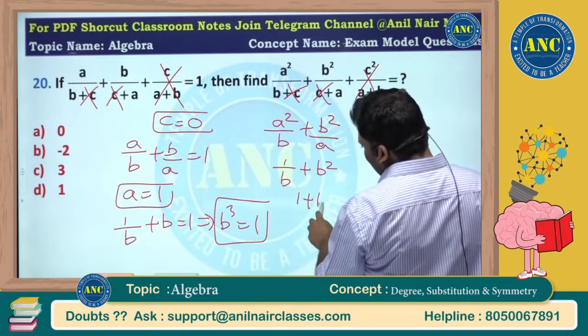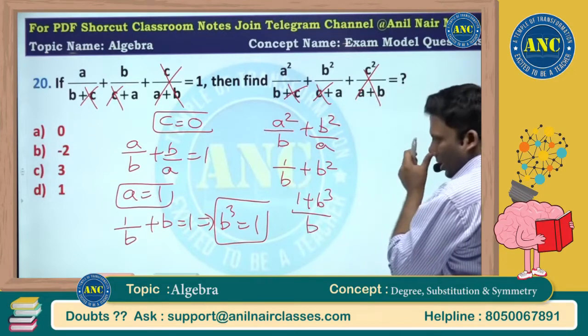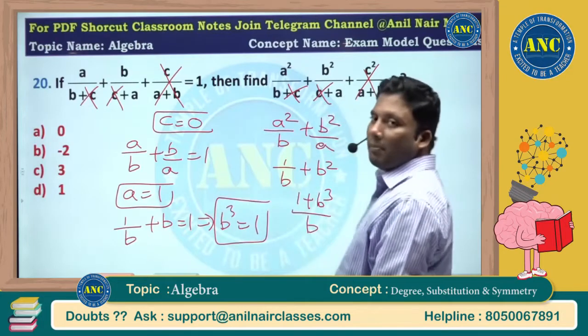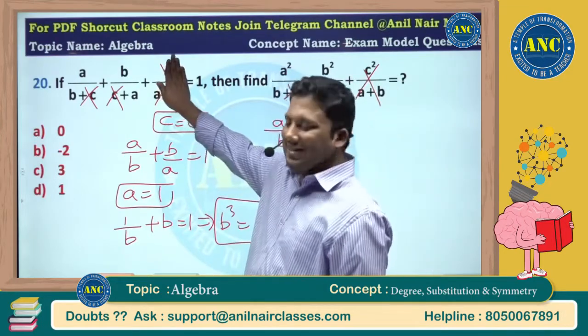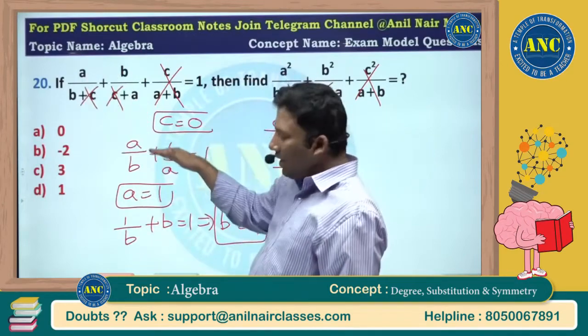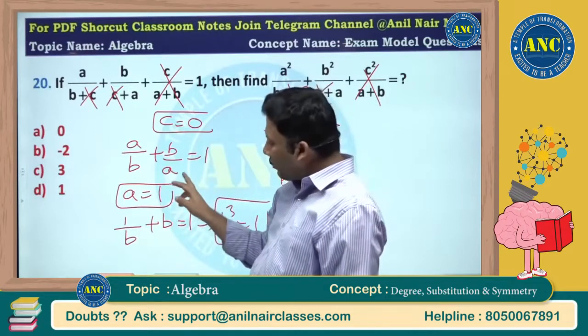This is 1 plus b cube divided by b. I hope the idea is clear. I am making c value 0, so a by b plus b by a equivalent to 1. Make the denominator equivalent to 1.